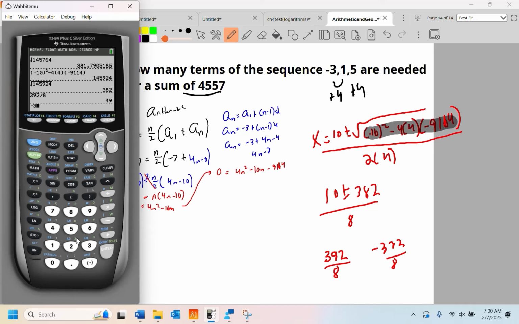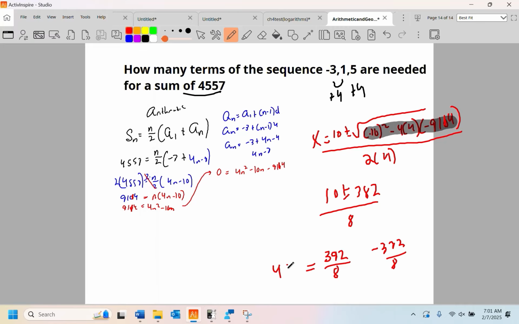If I do the negative one, I got a decimal, so that doesn't make any sense in that aspect. So 49. I know that was a little long. There's a lot there. So have fun with that, kids.